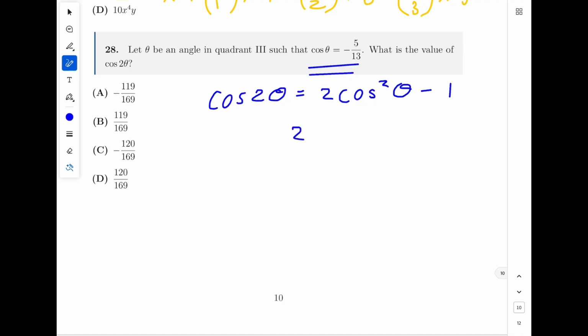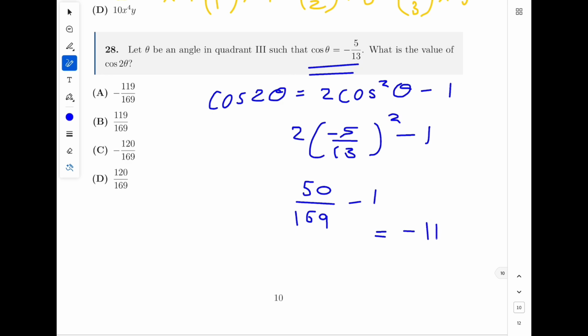So this is 2 times minus 5 over 13 whole square minus 1, which is 50 upon 169 minus 1, which is minus 119 over 169, which is option A.